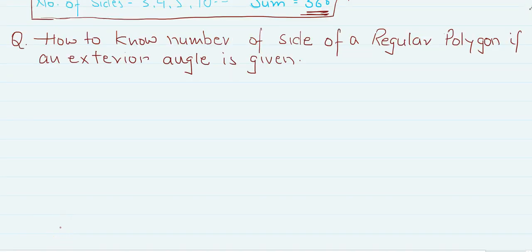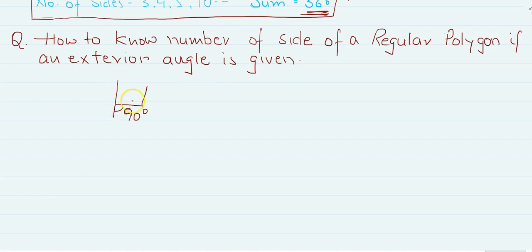Now let's use the knowledge that the sum of all the exterior angles of a polygon is 360 to solve questions. For example, the question is, it's given this is a polygon, and the measurement of one of the exterior angles is 90 degrees.